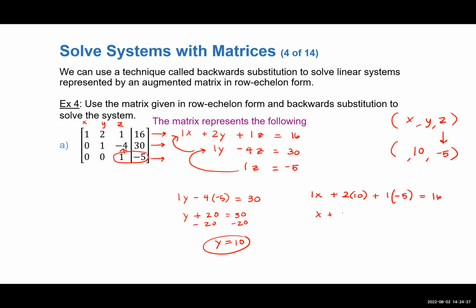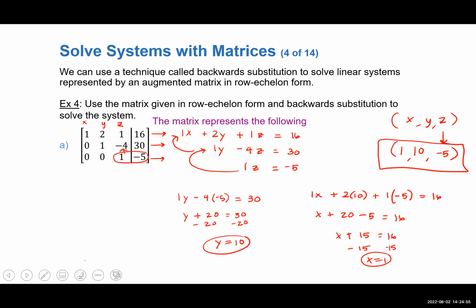So we get x plus 20 minus 5 equals 16. X plus 15 equals 16. So subtract 15 from both sides, x must equal 1. So there's my solution. Now that's by hand, and we haven't been doing anything by hand in this entire chapter.